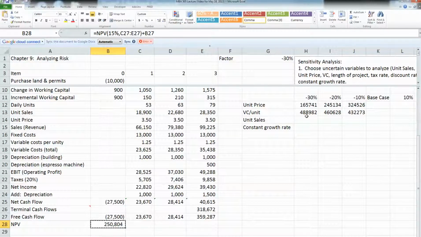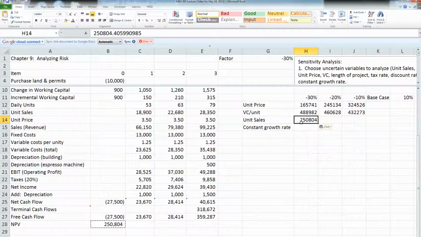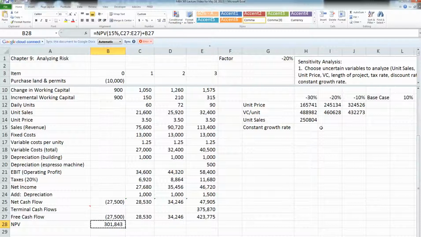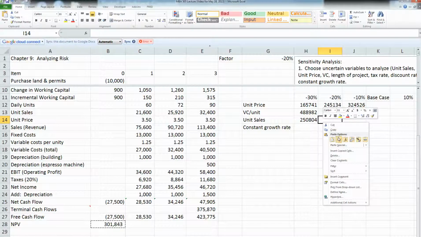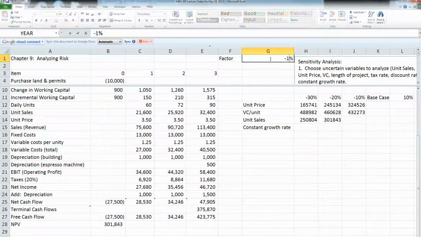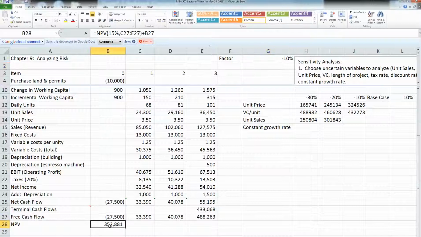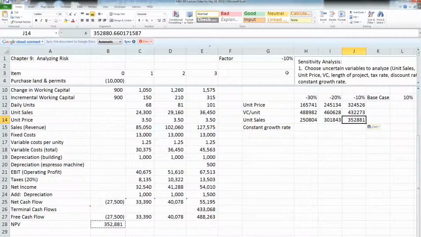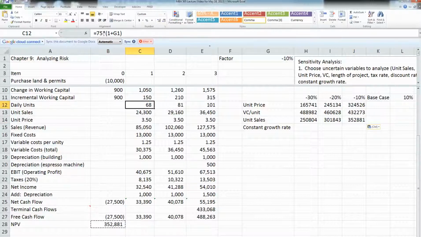So I copy that and paste values into the unit sales minus 30. Then change it to minus 20, copy, paste that to minus 20. Change it to minus 10, copy and paste that as a value. Then change your daily units back to the 75.